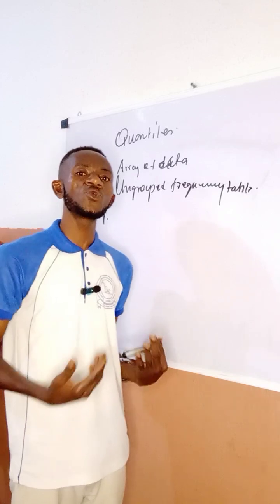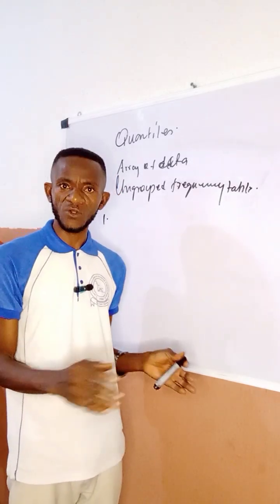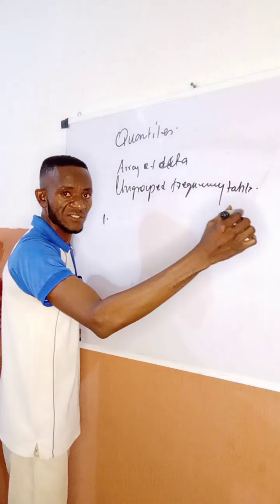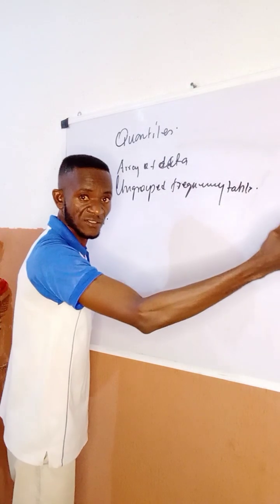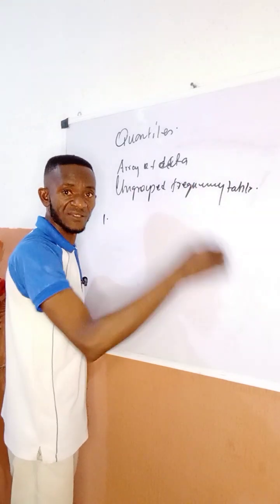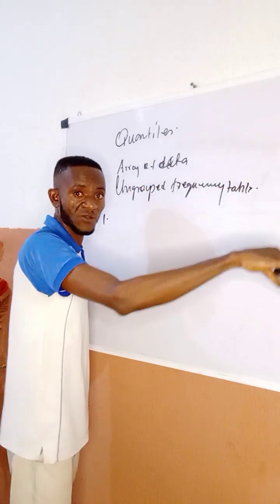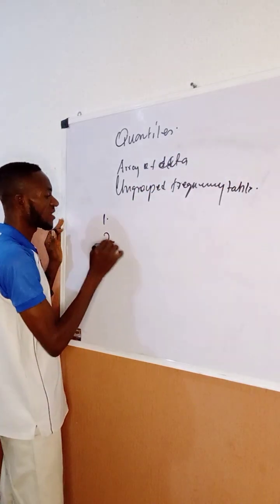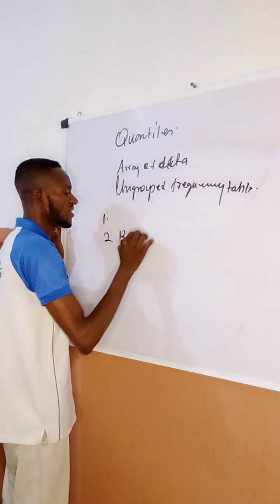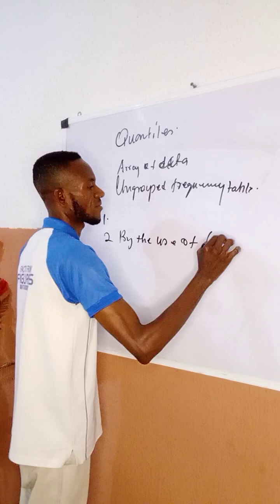Or you are going to use a formula method. So number 1 is by arrangement and locating the center of the distribution called median, finding the median of the first half and finding the median of the second half. And then number 2 is by the use of the formula.